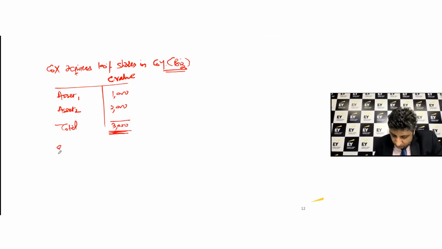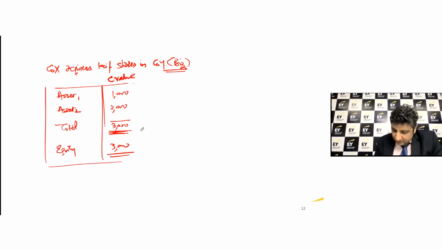And just to match the balance sheet total, we're saying the other side is only equity, there's no liability. That is also amounting to 3,000 rupees. Now, let us say the fair value of these two assets.